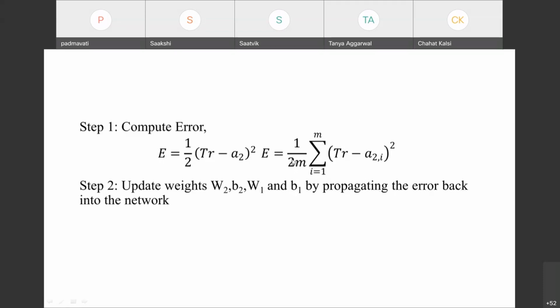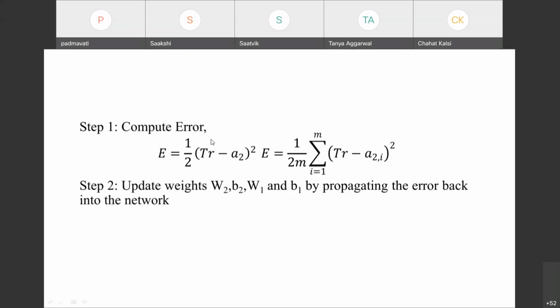Usually we go for this, right? For simpler examples I have taken this equation. Otherwise there is not much difference between this equation and this equation. Here we have introduced only the m different data points, whereas here we are considering m as only one single data point.